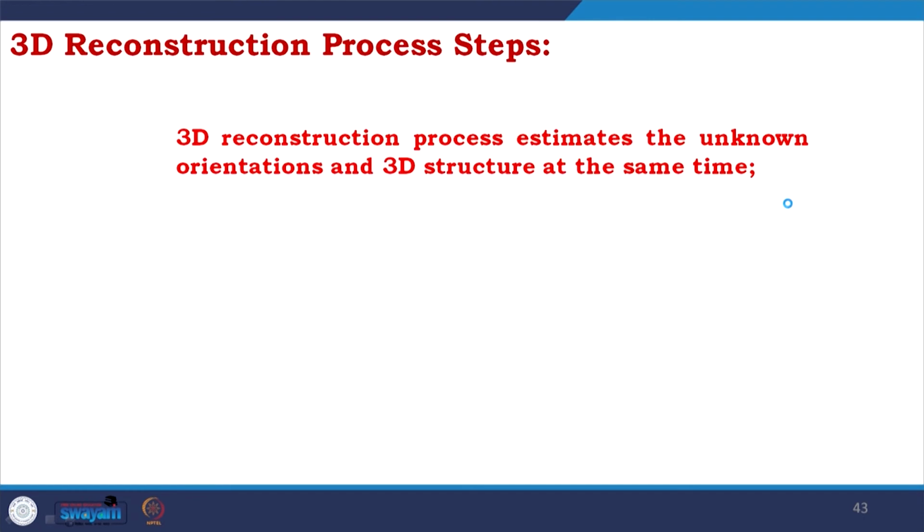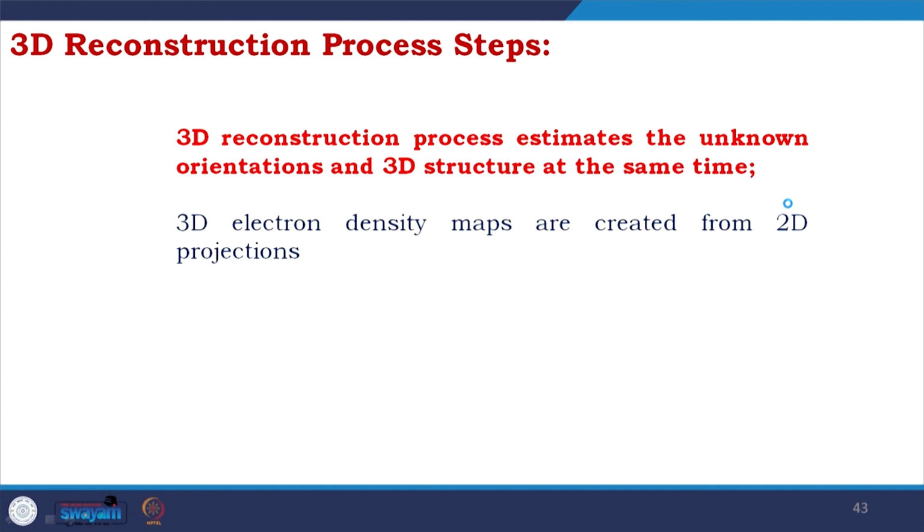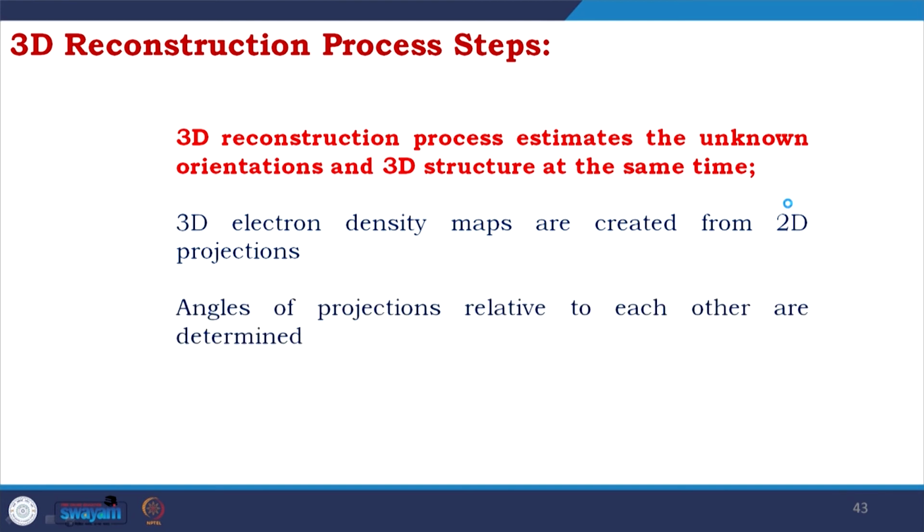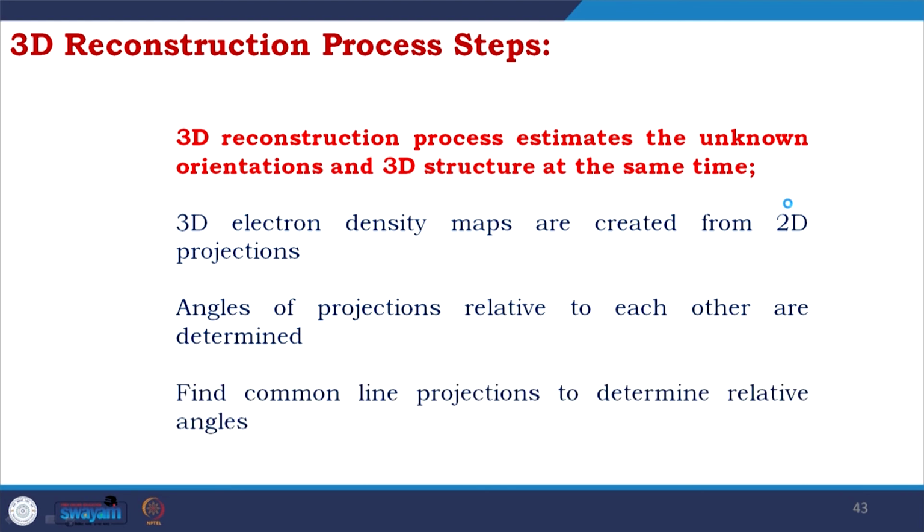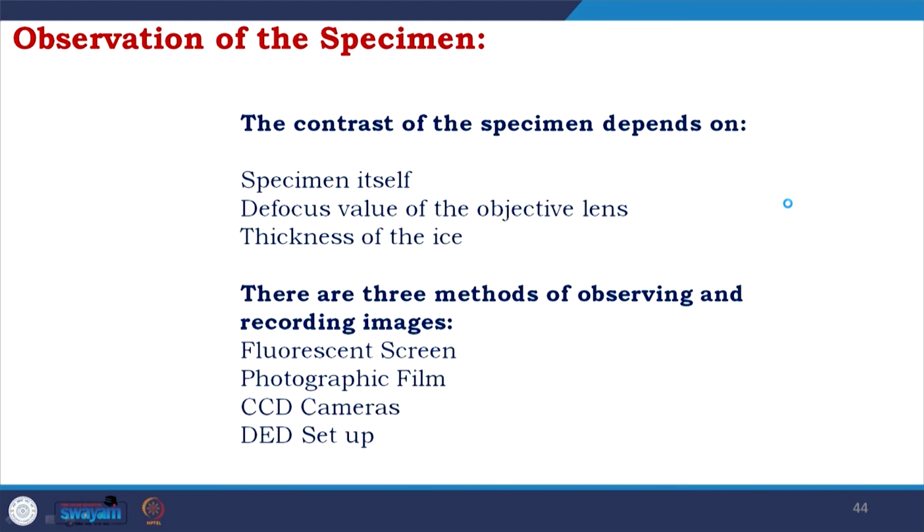So, what are the 3D reconstruction process steps? The 3D reconstruction process estimates the unknown orientation and 3D structure at the same time. The 3D electron density maps are created from the 2D projection as we discussed. The angles of projection relative to each other are first determined, then a common line of projection is found to determine the relative angles.